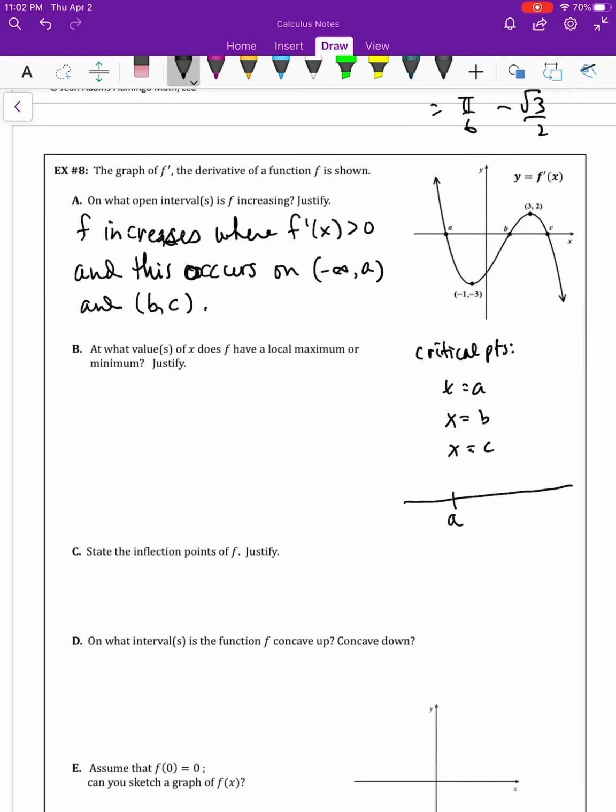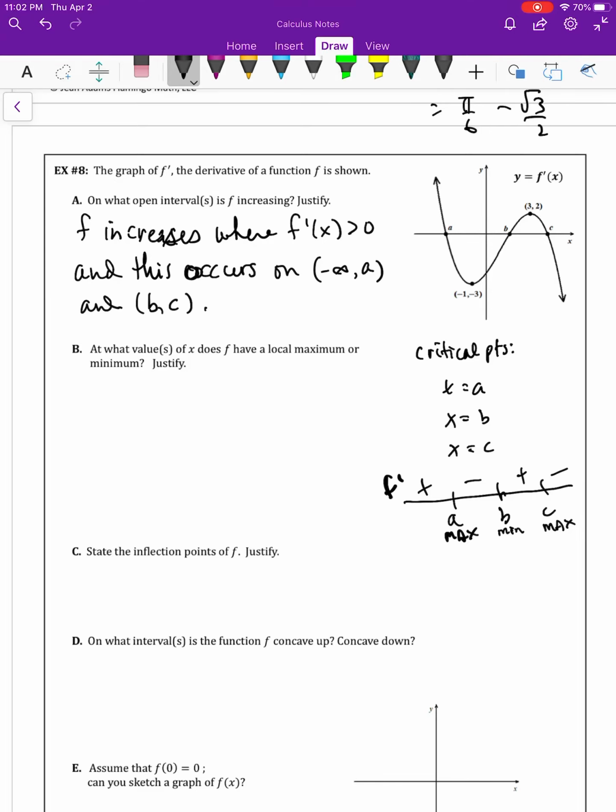And you can see that if you then made a sign chart, A, B, C, and you were looking at f prime, it would be positive, negative, positive, negative. And so you can see from positive to negative, this one's going to be a max. Negative to positive, this one's going to be a min. Positive to negative, this one's going to be a max.